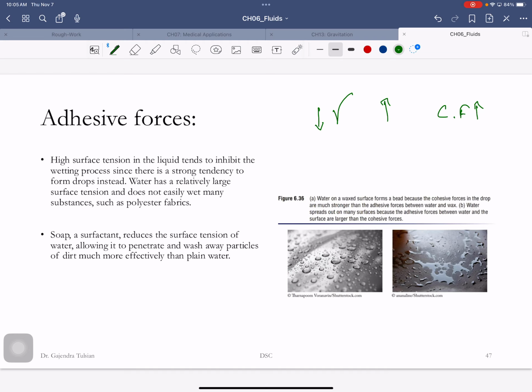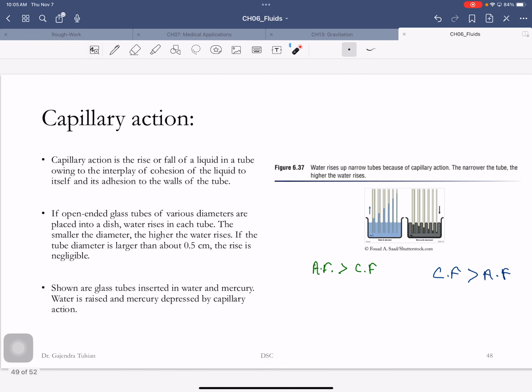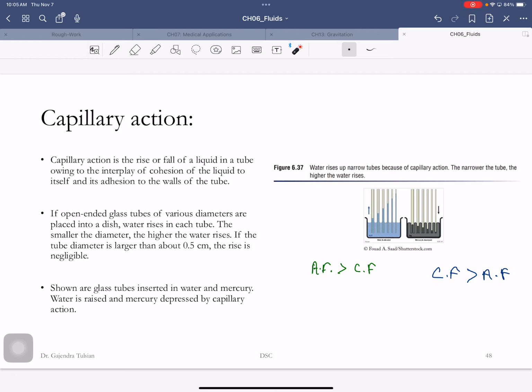Soap, a surfactant, reduces the surface tension of water, allowing it to penetrate and wash away particles of dirt much more effectively than plain water. So when you put a surfactant in a liquid, you're reducing gamma, the surface tension.